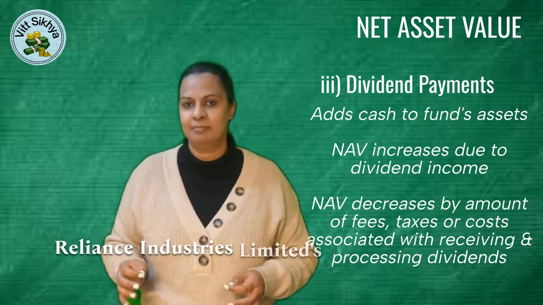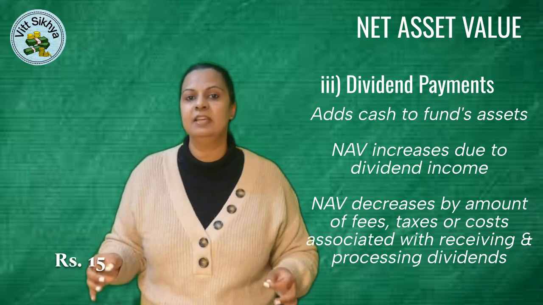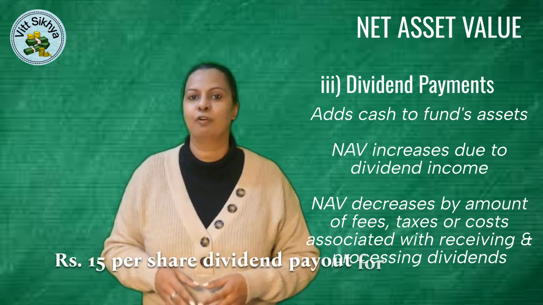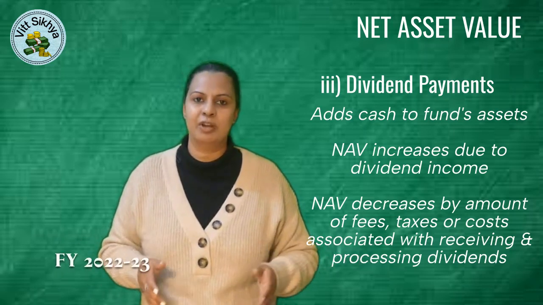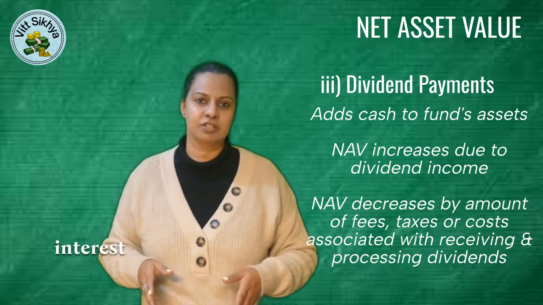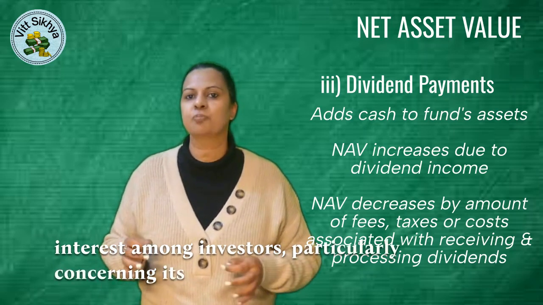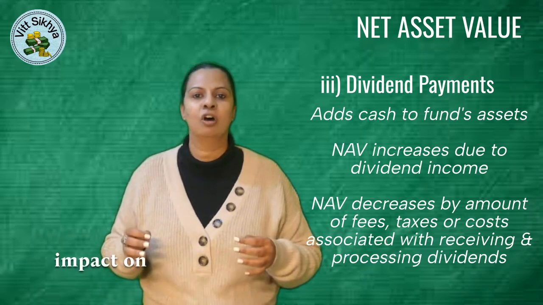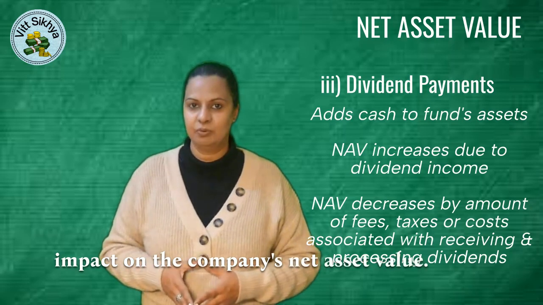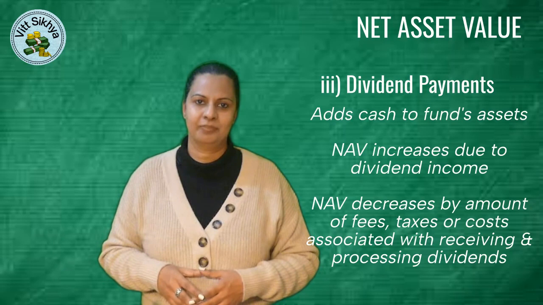Reliance Industries Limited's recent announcement of a Rs 15 per share dividend payout for FY 2022-23 has generated significant interest among investors, particularly concerning its potential impact on the company's net asset value. Here's a breakdown of the possible implications.